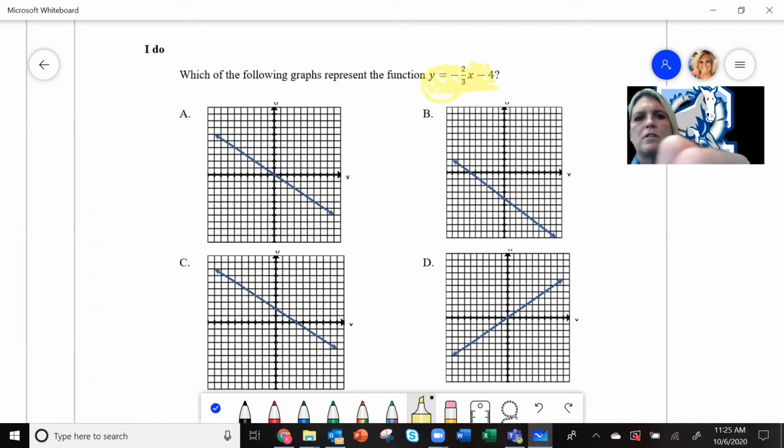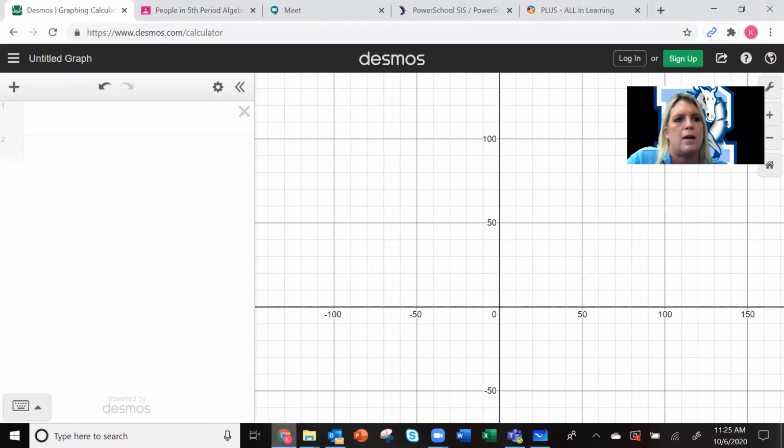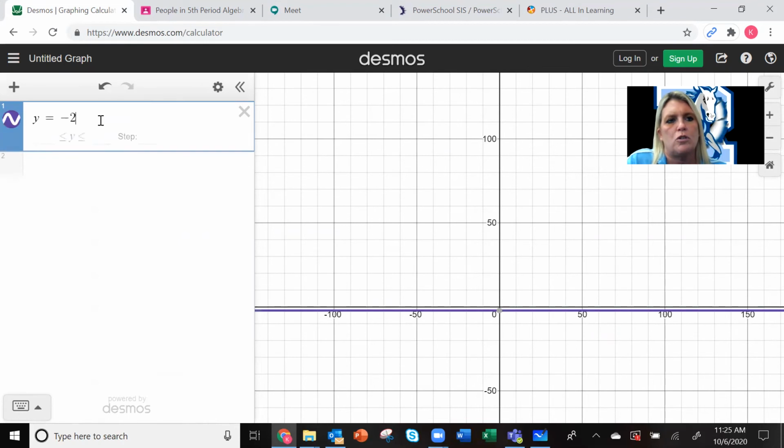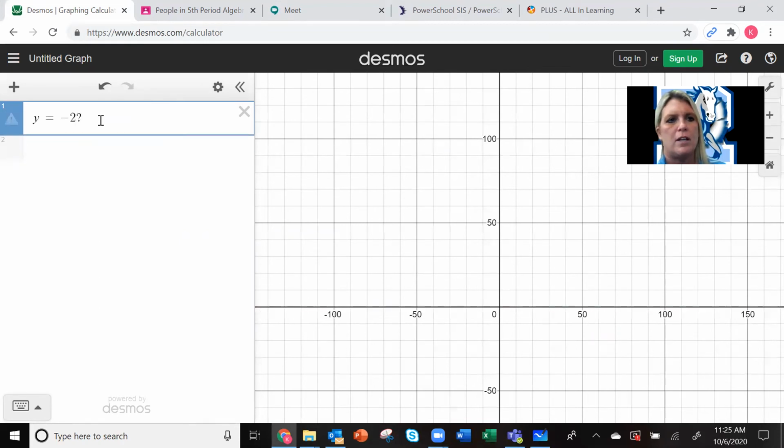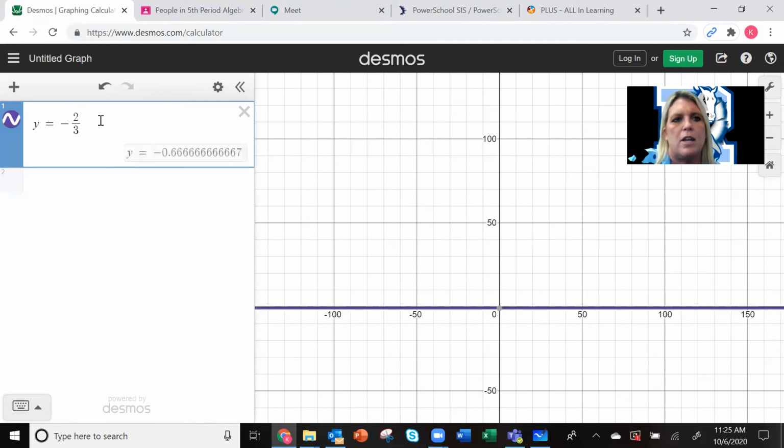Now, what I need you to do is put this equation into the calculator. So y equals -2/3 x minus 4. So if I go here, I click inside this first box, y equals negative. Now, how do you do 2/3? I just press 2 and press the divide bar down below, not the question mark, the divide. All right, so -2/3. Now you have to press the right arrow key to get over to the side.